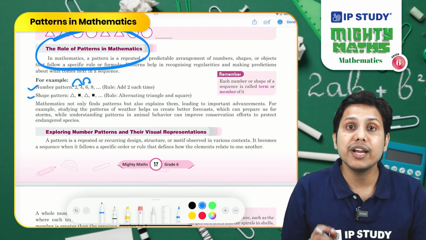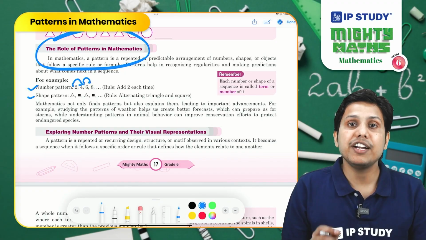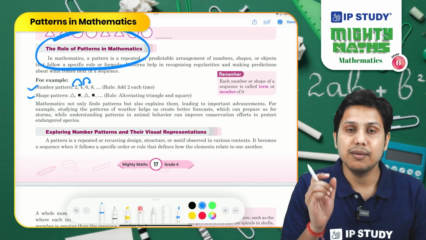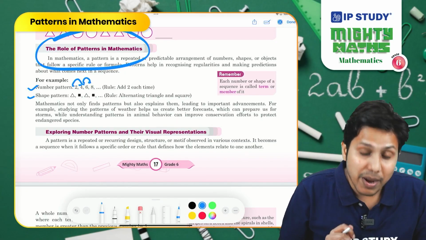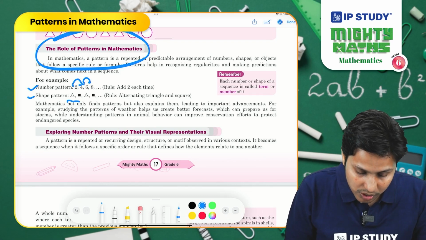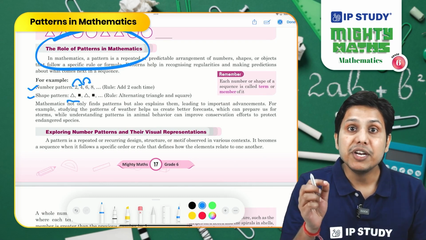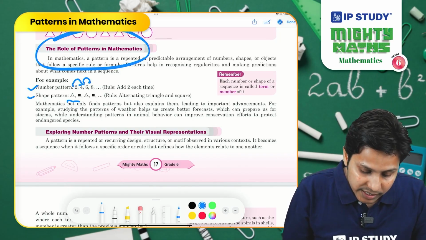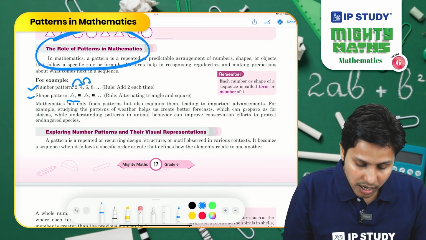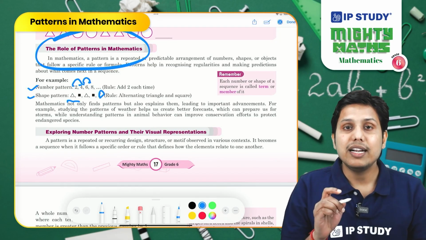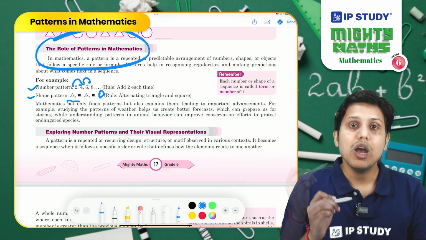And how we are doing it? By adding 2 every time in the previous number. Now, why is the second one a pattern? Because it also shows a repeated arrangement as well as predictable arrangement. Here we can predict the next shape, that is a triangle. So ultimately these two are patterns.